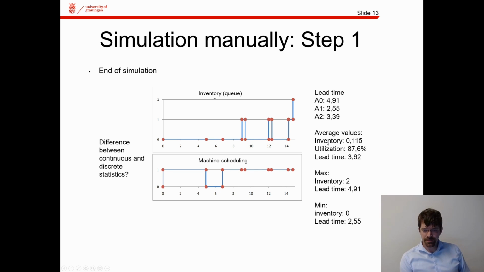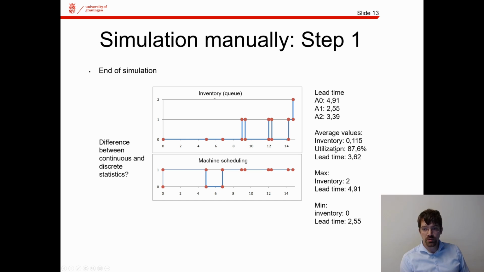The inventory is calculated by summing up all the areas divided by the simulation time. Or in other words, it's the integral of this graph divided by the simulation time. And then you recognize the average inventory is 0.115.